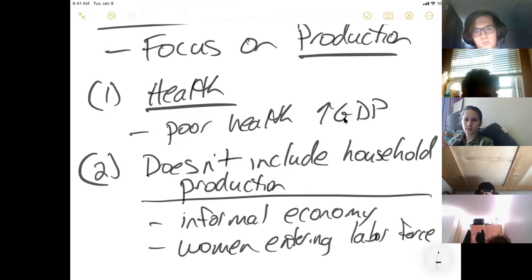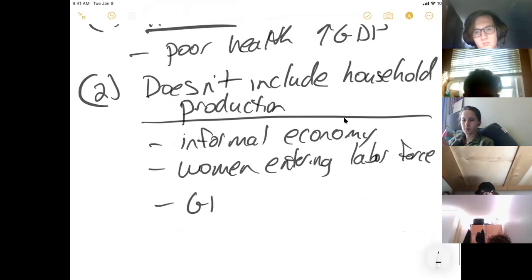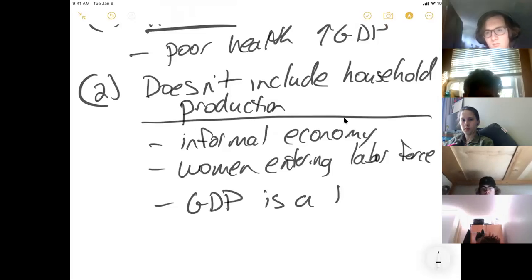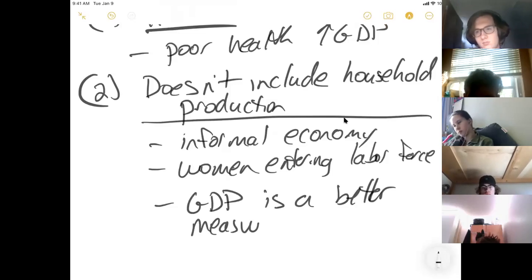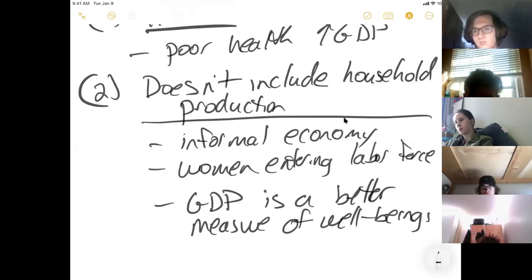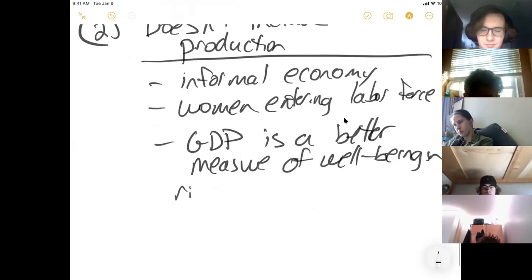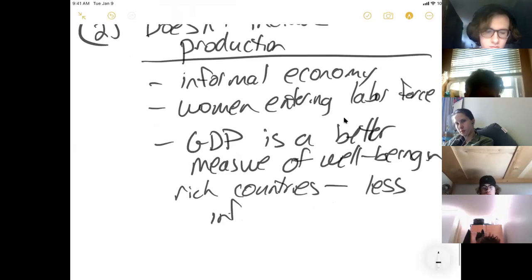This is one reason why GDP is probably a better measure of well-being in rich countries. Why? There's less informal markets.